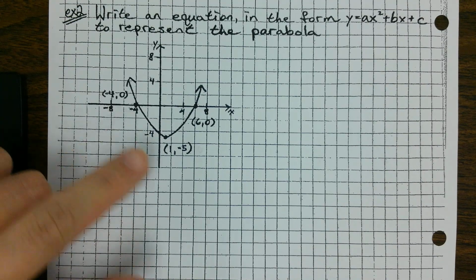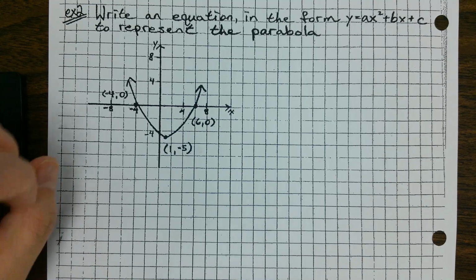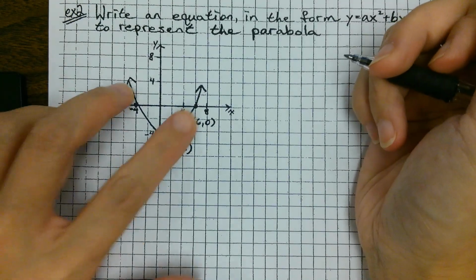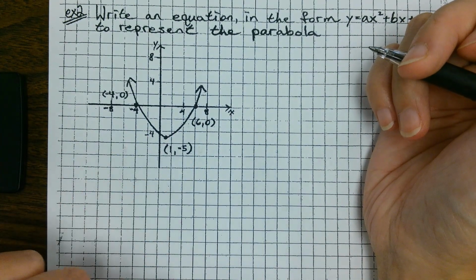Okay. So what points did I give you here? Yep. X-intercepts and the vertex. So I could actually do both methods. I could use either form because I'm given both.